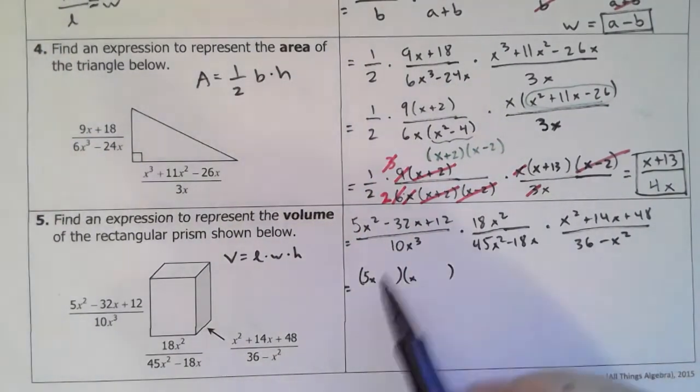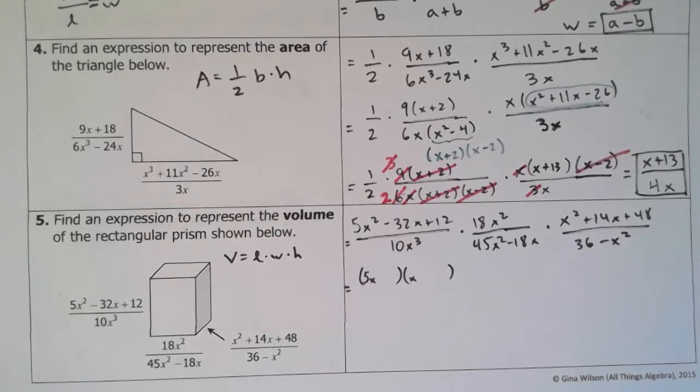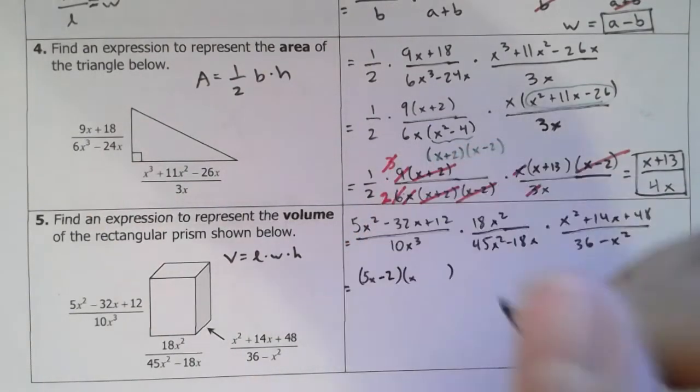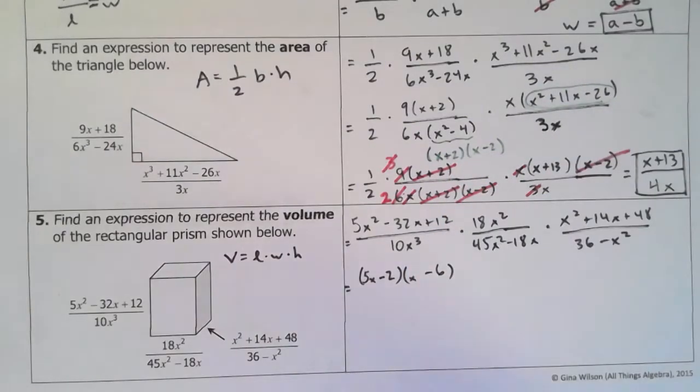I'm working on factors of 60 that would give me negative 32. But they need to multiply into positive 12, but multiply 1 by 5. I'm getting, let me see, it's going to be negative 2 and negative 6. Let's see, negative 30, yeah, negative 32.